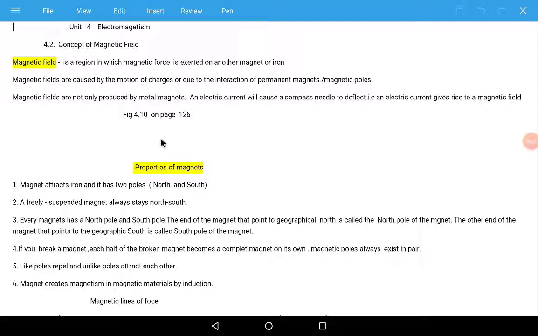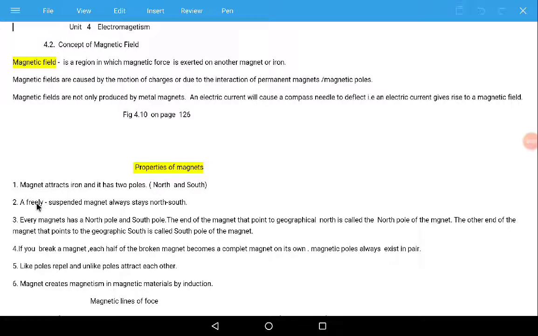So what are the properties of a magnet? Now there are different properties of magnets. The first one, a magnet attracts iron or magnetic substance, and it always has two poles. That means the north and the south pole.